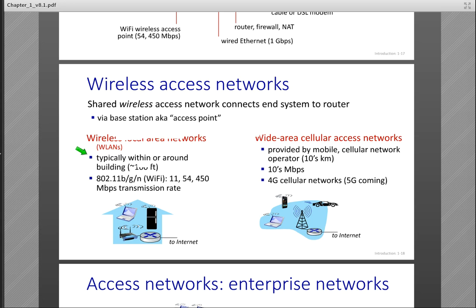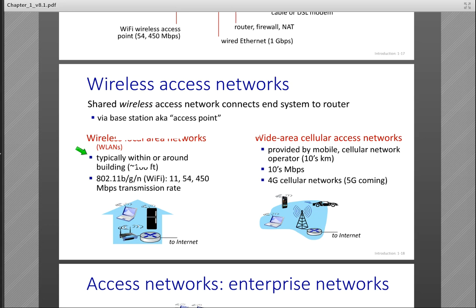Two common types of wireless network access are wireless LAN and cellular access network. Wireless LAN, WLAN, Wi-Fi, IEEE 802.11, wireless local area network, all of these names are the same.